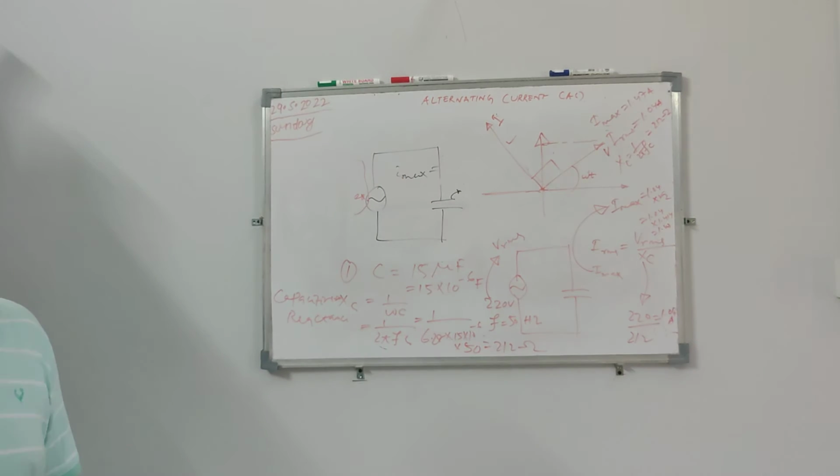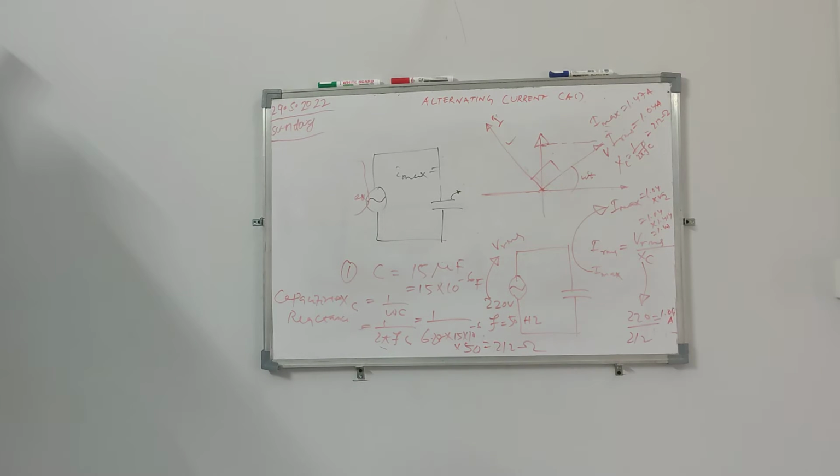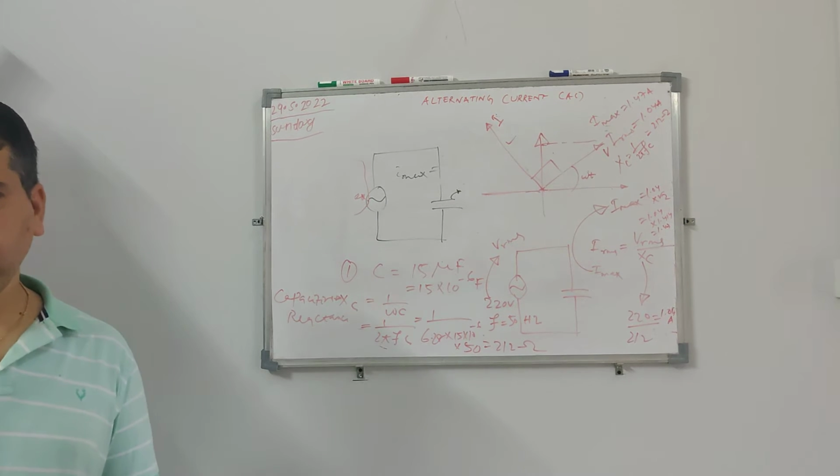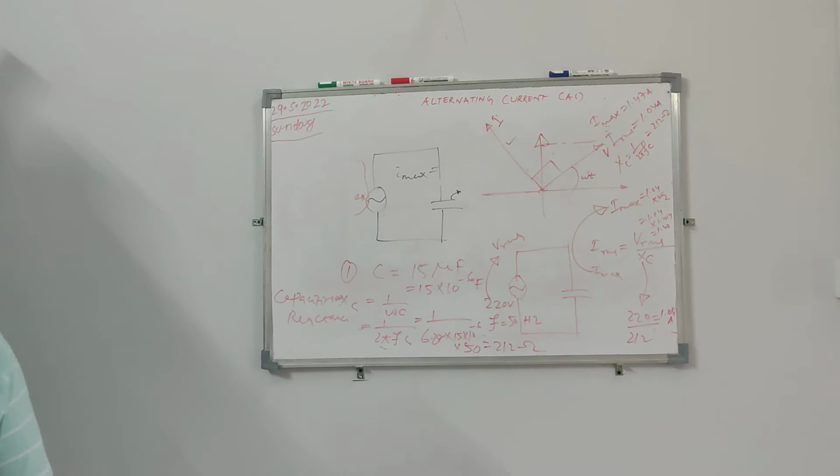It is written that the current oscillates between plus 1.47 ampere and minus 1.47 ampere and is ahead of the voltage by pi by 2. There was another question: if the frequency is doubled, what happens to the capacitive reactance and current?